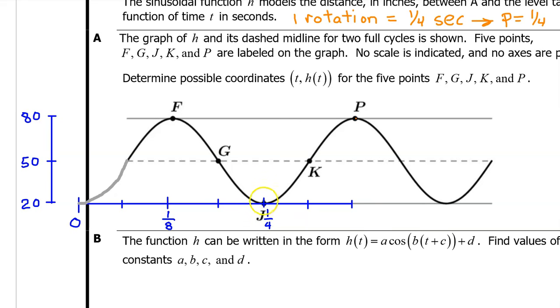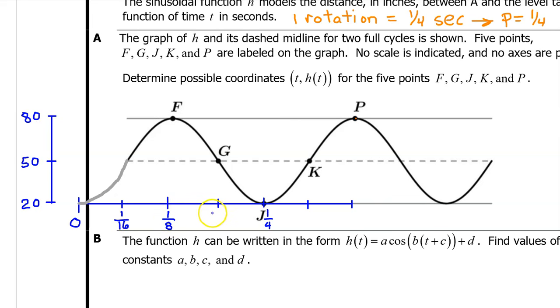If this point is at t equals 1/4, then halfway will be t equals 1/8, and half of that again will be t equals 1/16. We can use the first value after 0 to find all of the missing input values. Because the first value is 1/16, the second value will be 2/16, which reduces to 1/8.